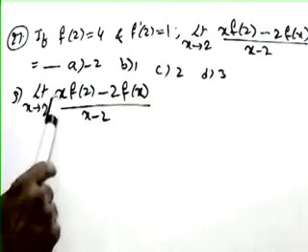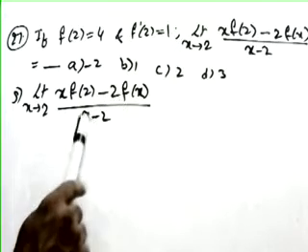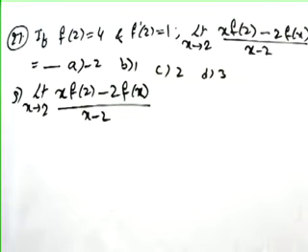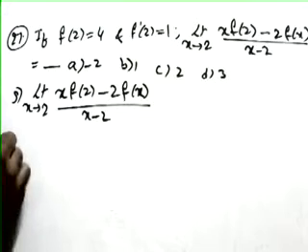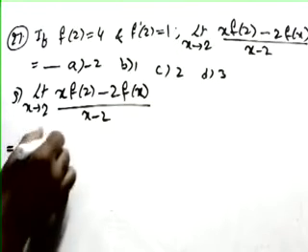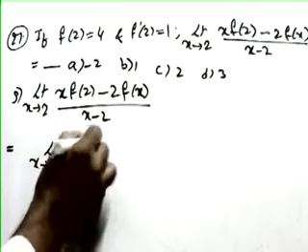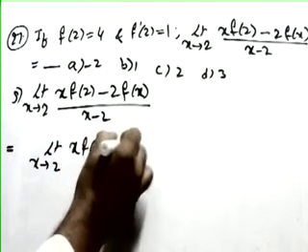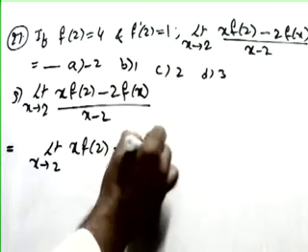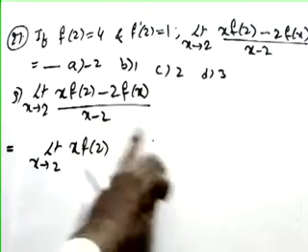We have to find limit x tends to 2, x f of 2 minus 2 f of x by x minus 2. We can do it by using L'Hospital rule also, but I am doing it with a different method. You see here, limit x tends to 2, I am doing one thing: x f of 2. Suppose we are having minus 2 f of 2, then we can take common f of 2 from here.